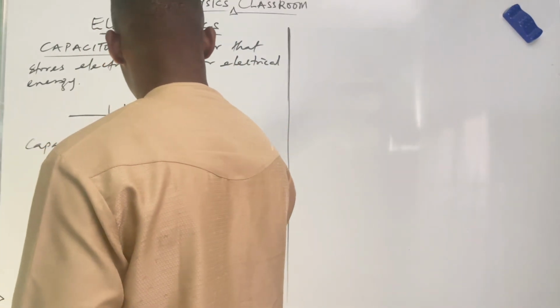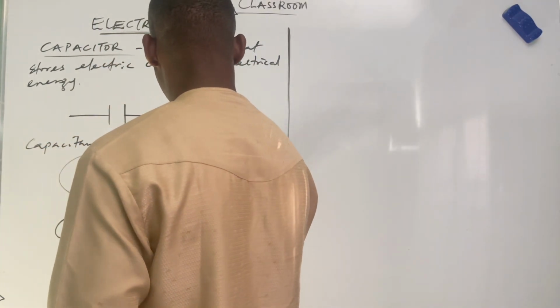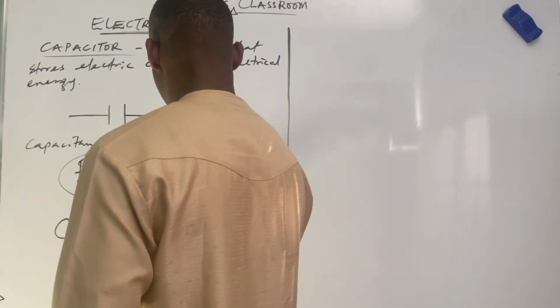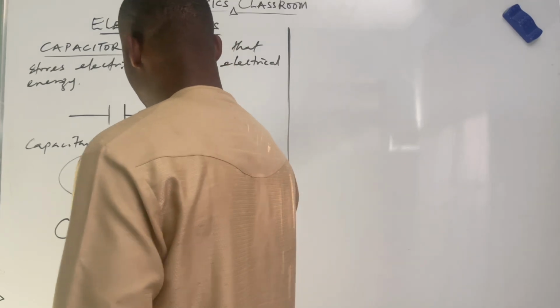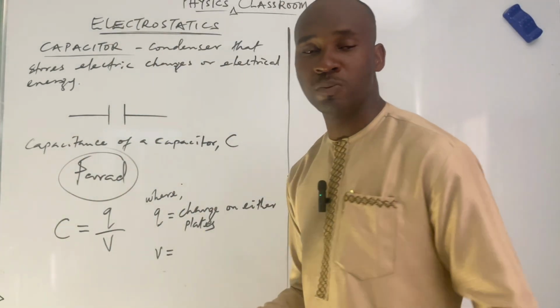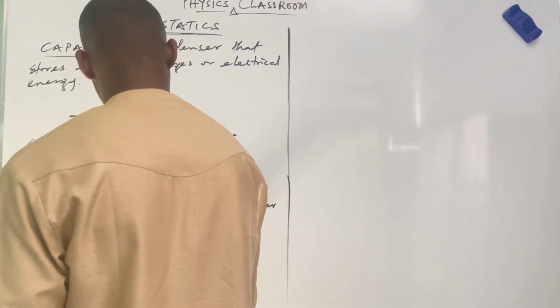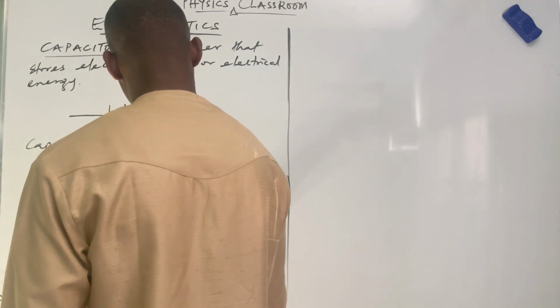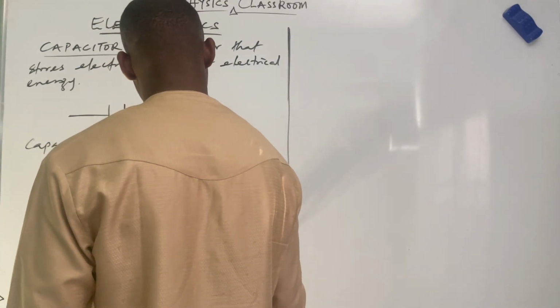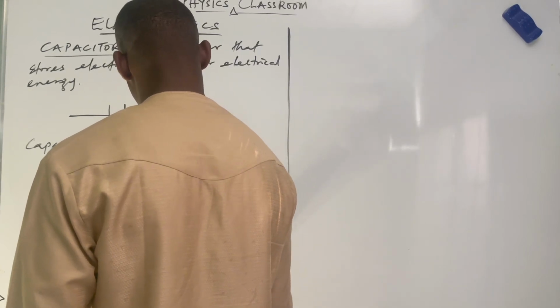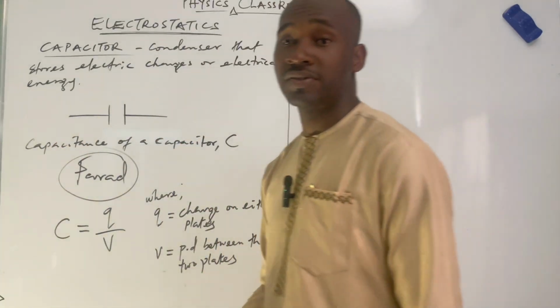While V connotes the potential difference, PD, between the two plates. Please take note of this.